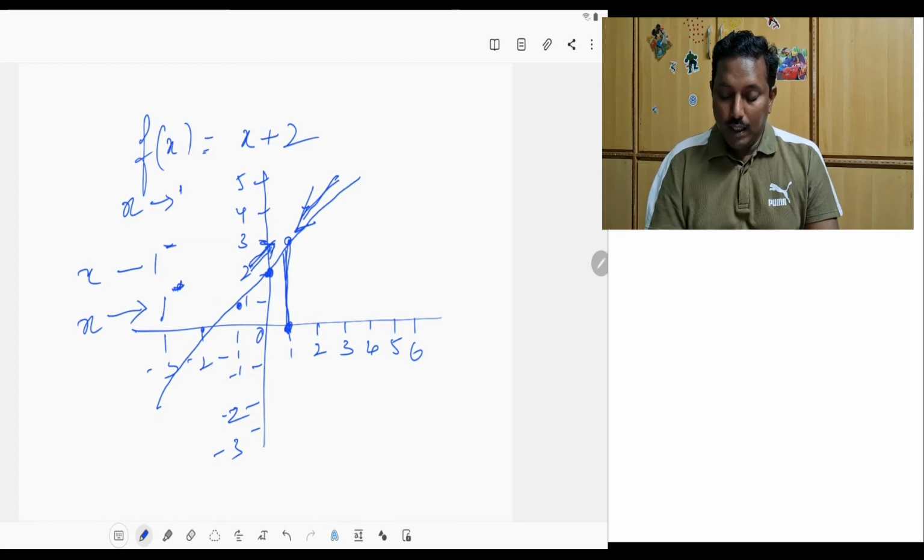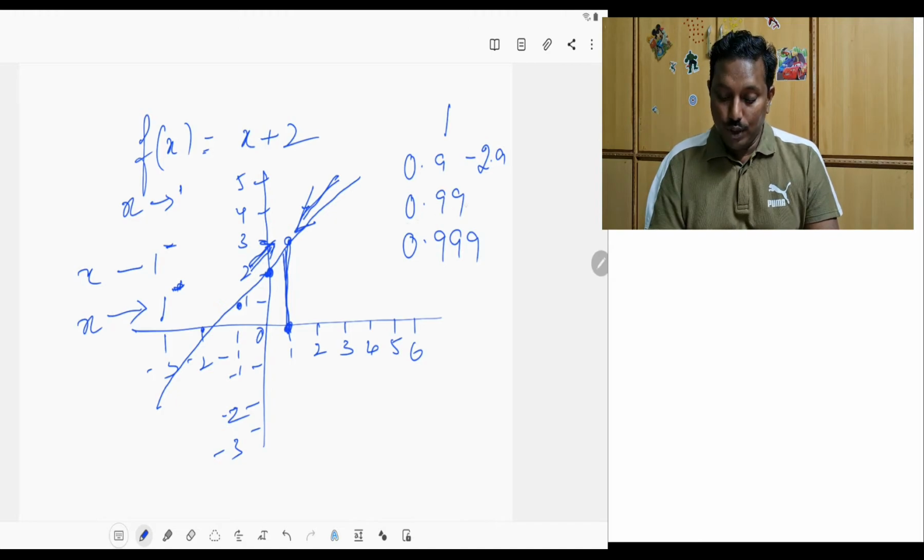That means we are not taking the value 1, but if we are approaching from the left hand side, we are taking the value 0.9 or 0.99, or 0.999. Suppose we take a value of 0.9, the value of f of x would be 2.9.